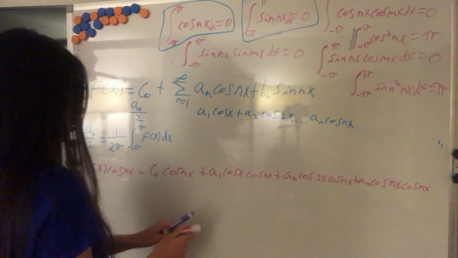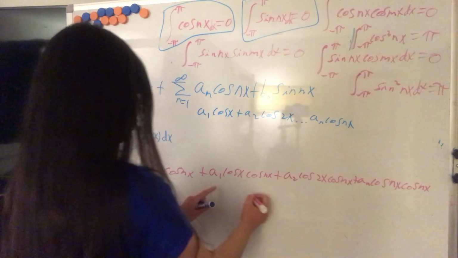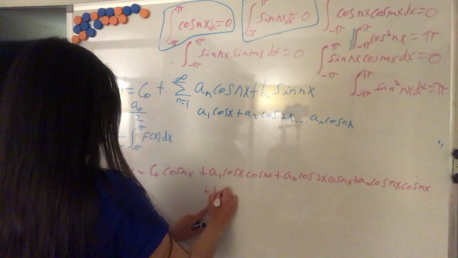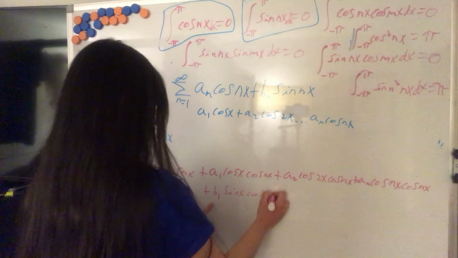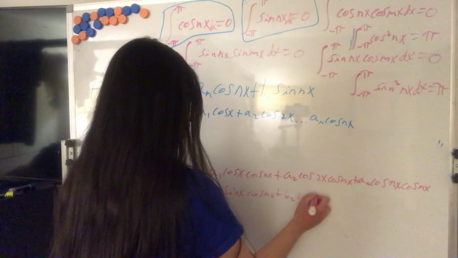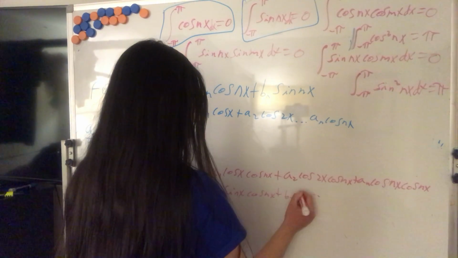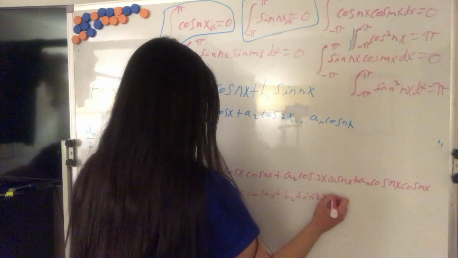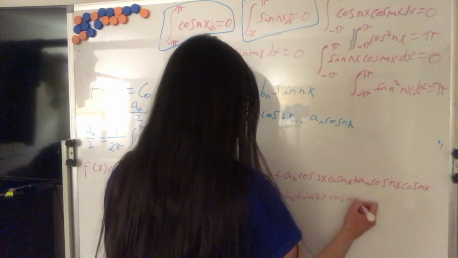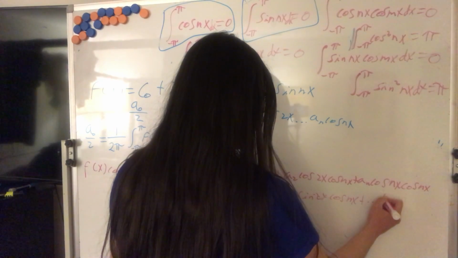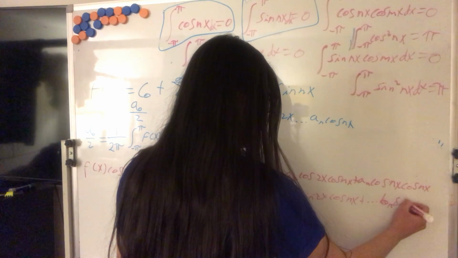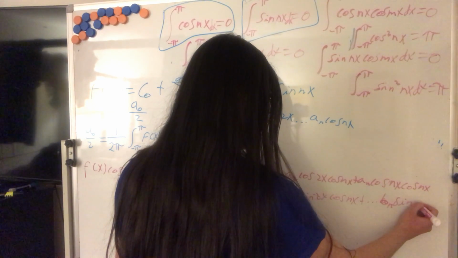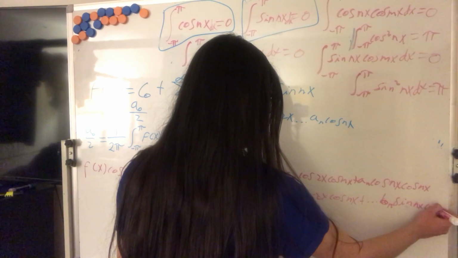And here on the bottom, let me put plus b sub 1 sine of x cosine of nx plus b sub 2 sine of 2x cosine of nx all the way to b sub n sine of nx cosine of nx.